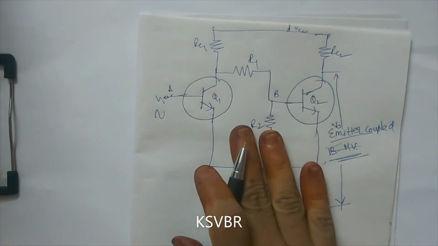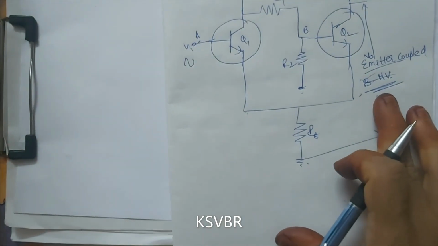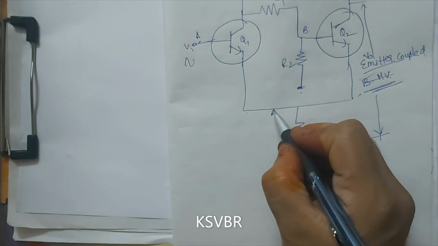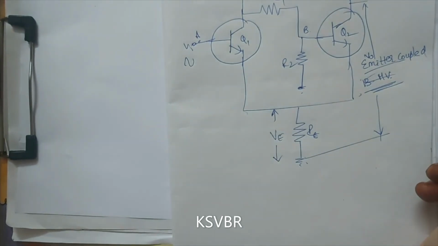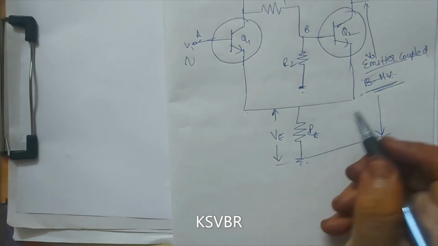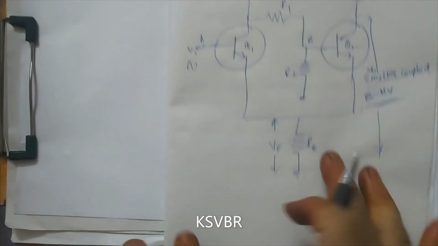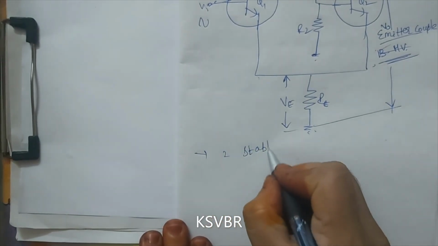So see here, you can see V here, voltage across resistance R. As this is an emitter coupled bistable multivibrator, it will be having two stable states.